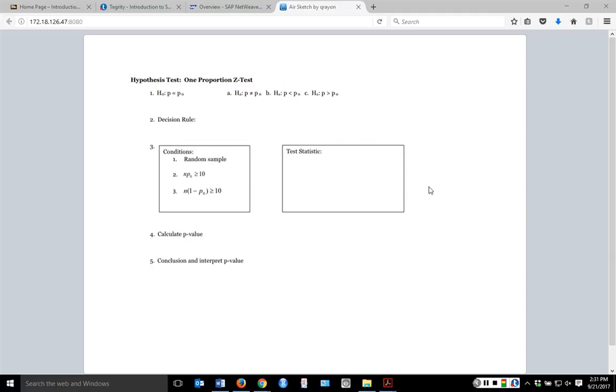So first, if we look at these 5 steps and how they're going to relate to this specific set of notes, by that I mean we're doing a 1 proportion z-test, or basically we're working with one categorical variable. That's all we have talked about right now, so this is always going to be what my steps look like. But again, as we go throughout the semester, these 5 steps will look different inside of a different context.